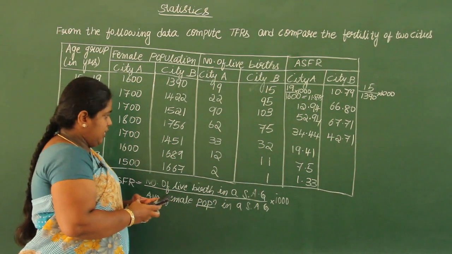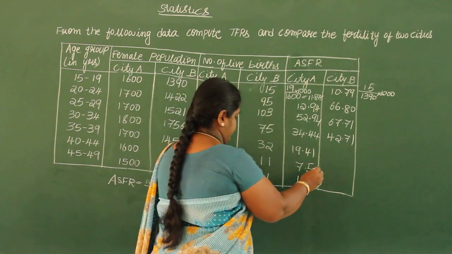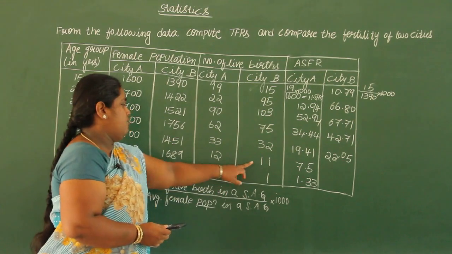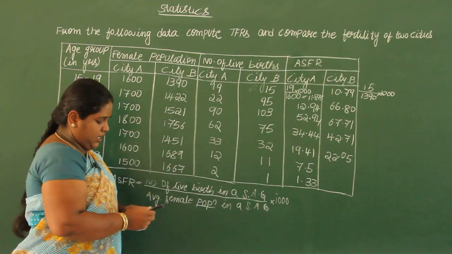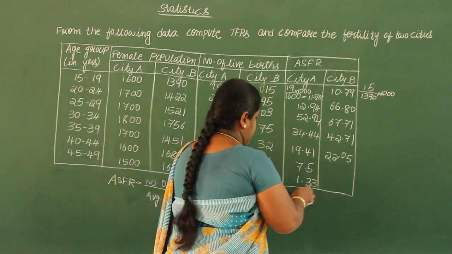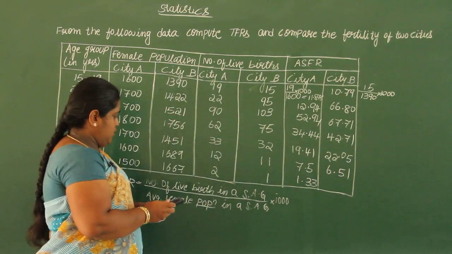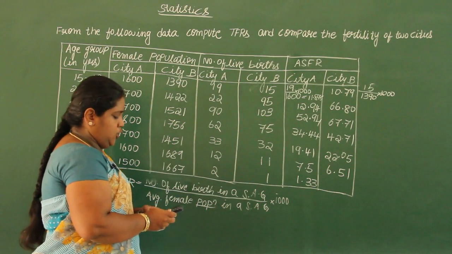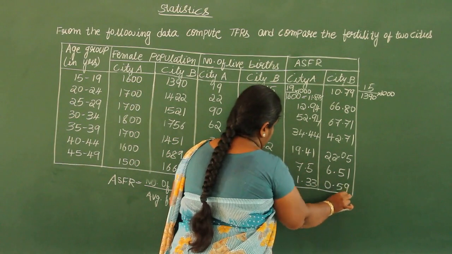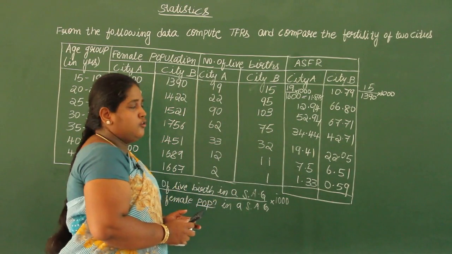Next 32 divided by 1451 into 1000, 22.05. Next 11 divided by 1689 into 1000, 6.51. 1 divided by 1667 into 1000, 0.59.